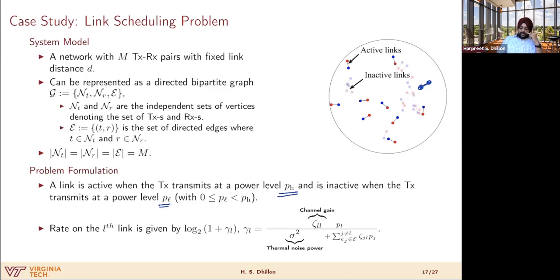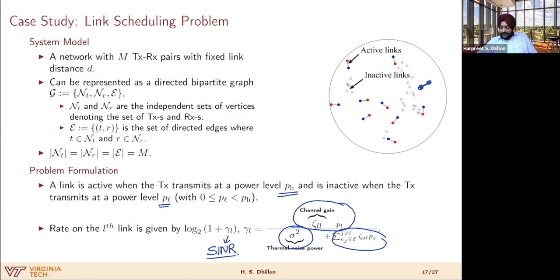So the rate on the ith link will be given by log2 of 1 plus this term, which is nothing but SINR. And SINR is nothing but the received power on your own link divided by the noise power plus the total interference that your link is experiencing.